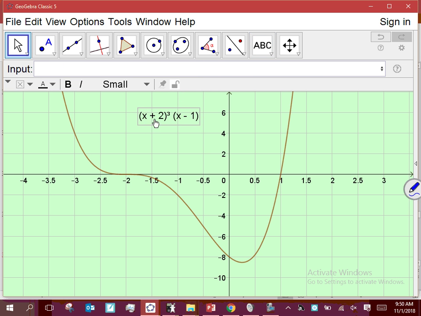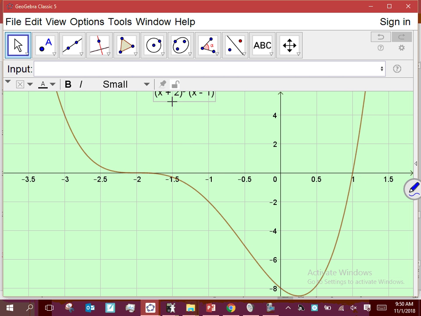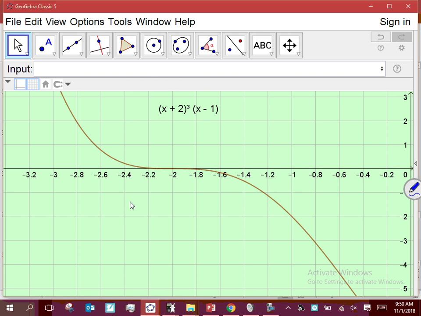So this function is x plus 2 to the 3rd. We have a multiplicity at -2 of 3, right? Okay. Do you see how when it's an odd multiplicity that is bigger than 1, it's not a linear kind of passing through here at -2? Does that make sense? Okay? It's going to look like this. It looks like an inverted S, okay?